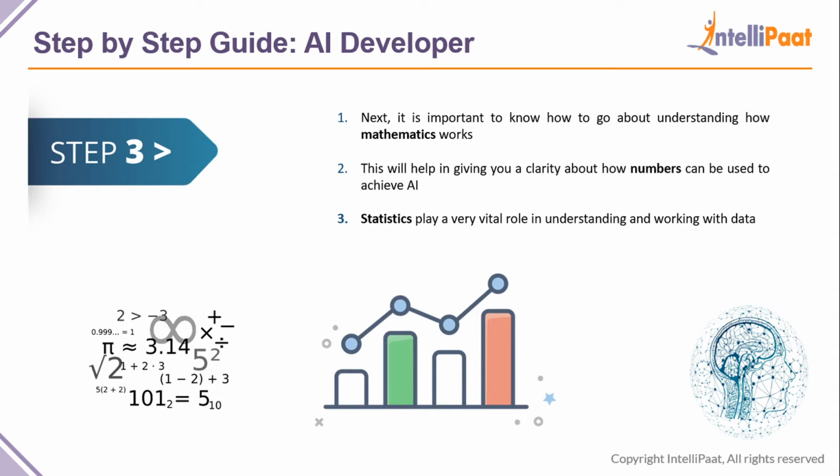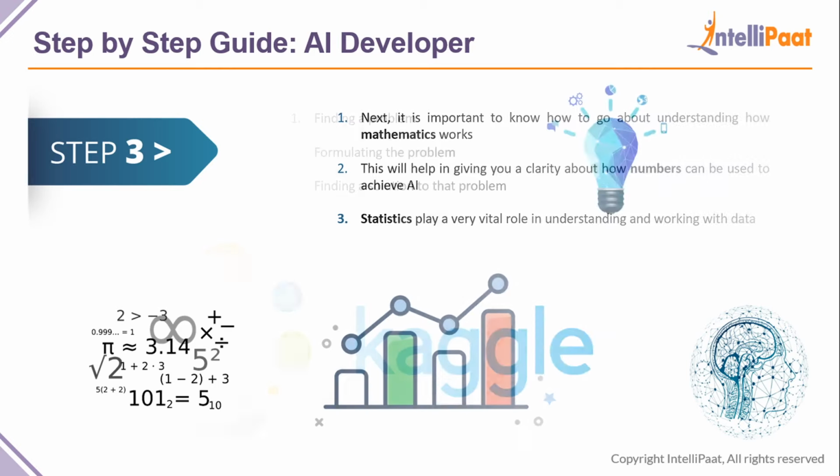In fact, just like data science, artificial intelligence gives a lot of weightage to statistics. If you know the basics of statistics, from the basics of covariance all the way to deriving analytics which you never thought you could, statistics plays a very vital role.